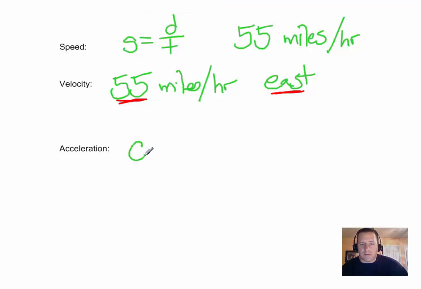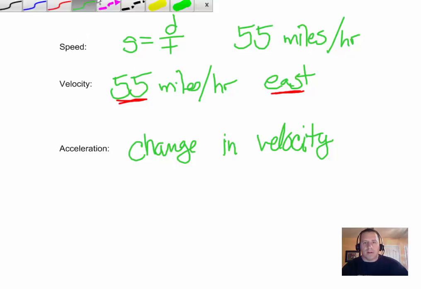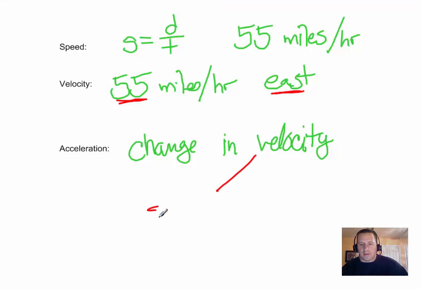Acceleration is defined as a change in velocity. So a change in either the speed or the direction. And that's important to remember that it could be either or both. So a change in the speed or the direction.